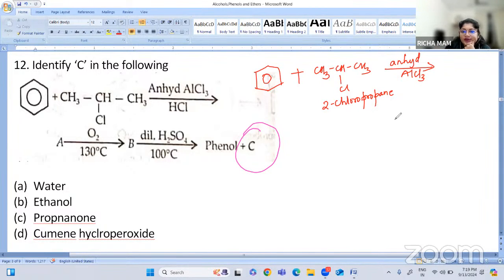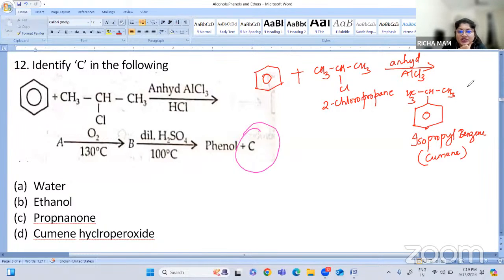You are going to get isopropyl benzene. This is a cumene formation, right? Remember cumene formation? So isopropyl benzene, that is the cumene formation.